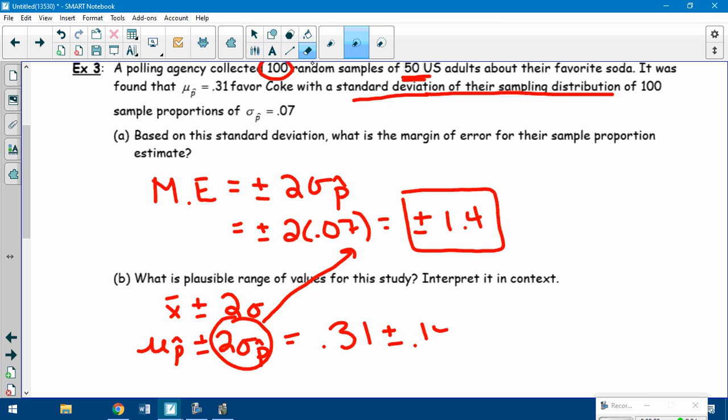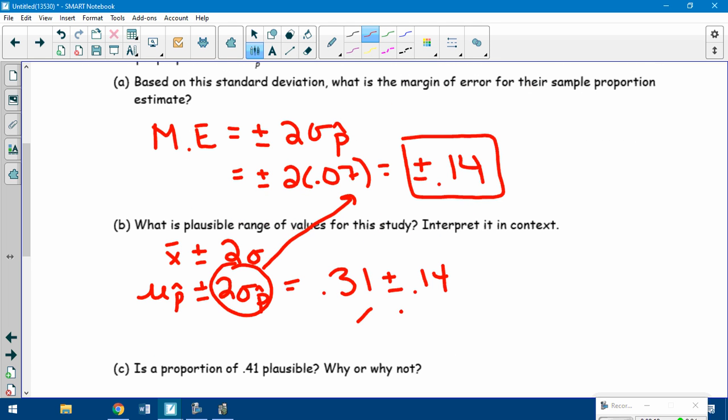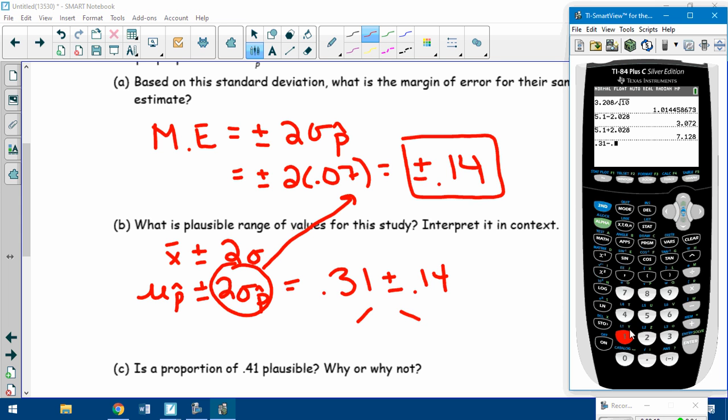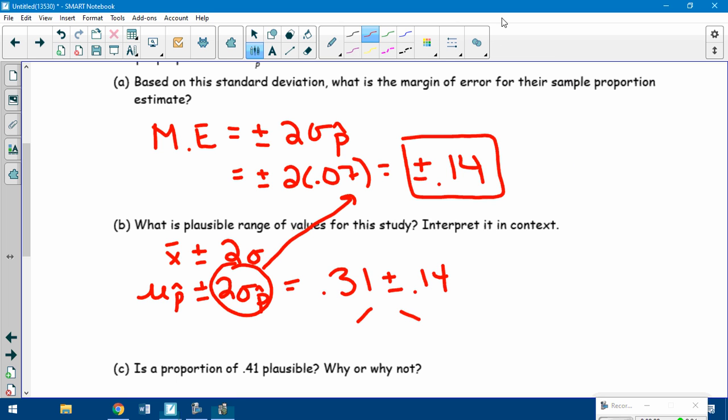Sorry, did I say that wrong? It's not 1.4, it's 0.14. Sorry. Okay. So if I subtract 0.14 and add 0.14, 0.31 minus 0.14 would be 0.17, and 0.31 plus 0.14 would be 0.45.